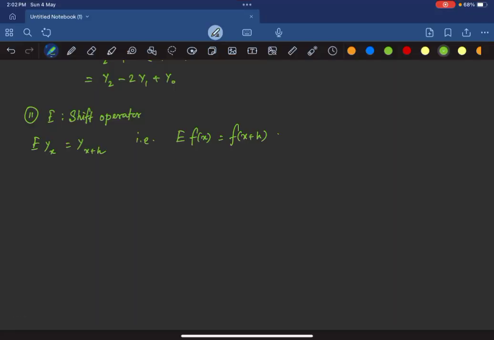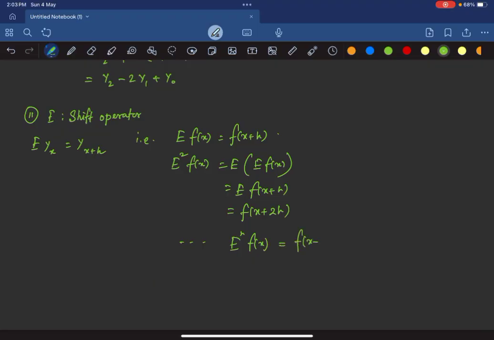This is the first order shift operator. If you apply E square on f(x), just like our previous discussion, E of f(x) means f(x+h), so that is nothing but f(x+2h). Likewise you can have E^n f(x), which is given by f(x+nh).